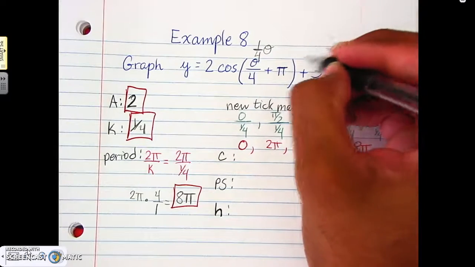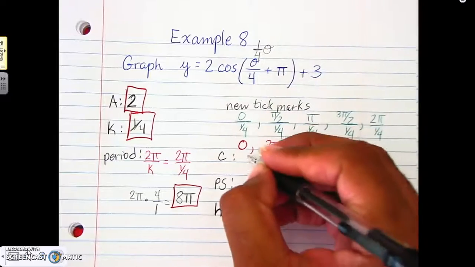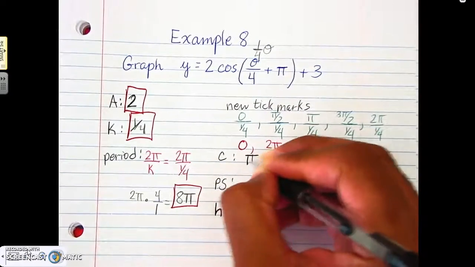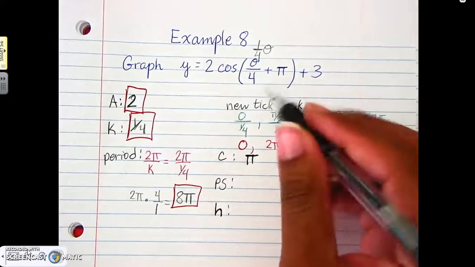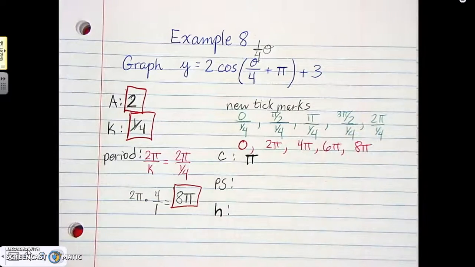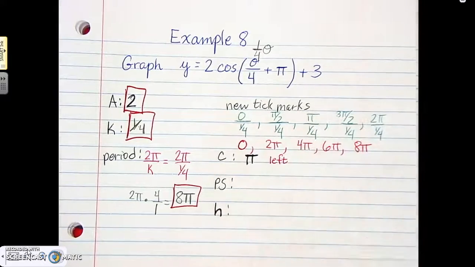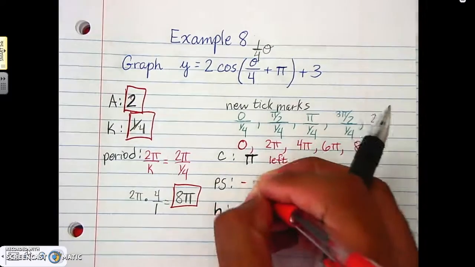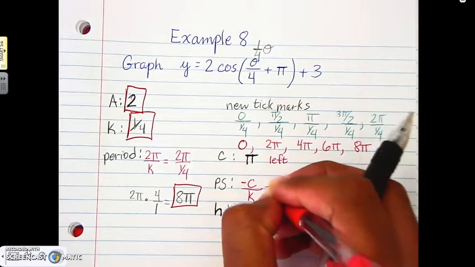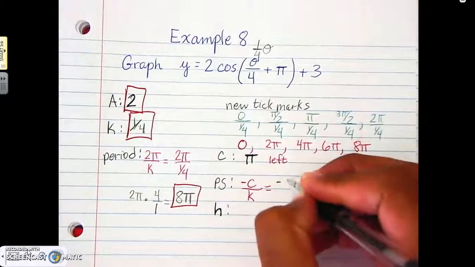All right, so our C is this part right here. So that's pi. And that tells us what direction to go in. And so since it's a positive pi, do you go left or right? Go left. So it's opposite of what you think. All right, so for phase shift, we have negative C over K. Again, we know C here is pi, so negative pi.